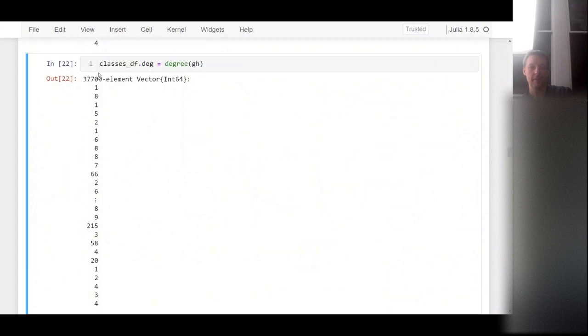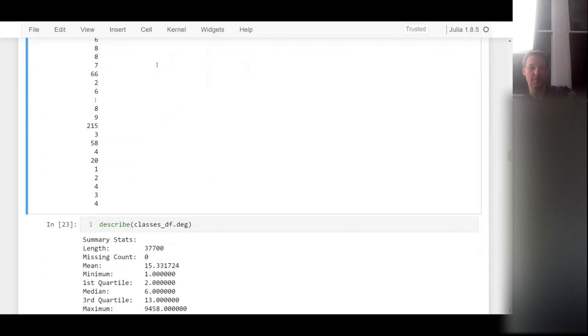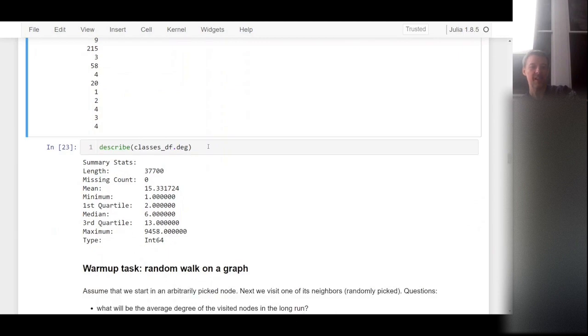But actually, we will just check what the lower and upper limits are. First, let us add this degree information to our data frame so that I can keep this data in a tabular format. I create a deg column, for degree, to add the degrees to each developer. Now I can describe my column.